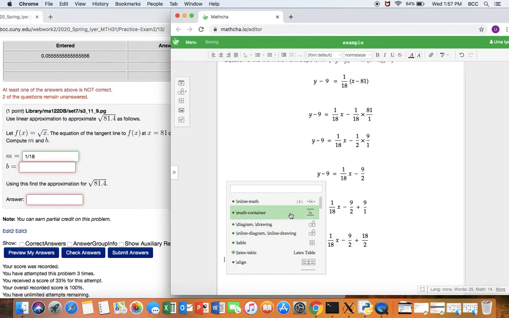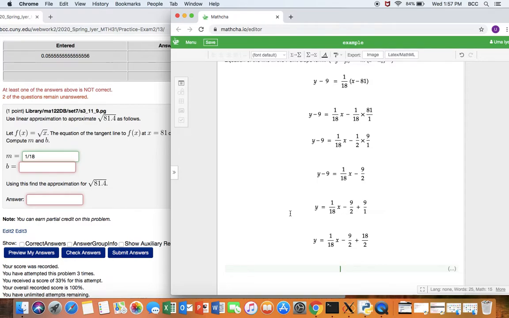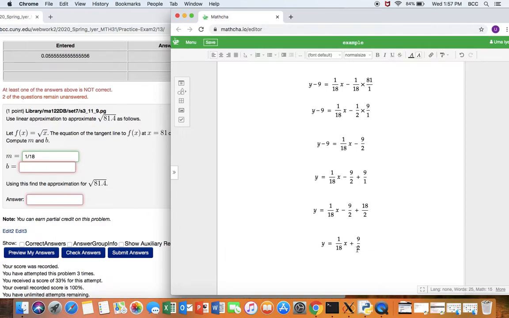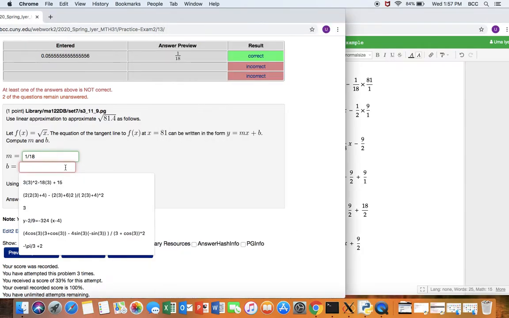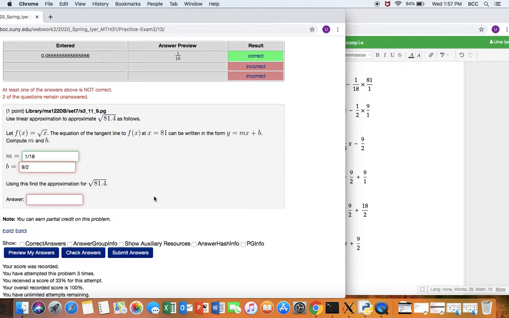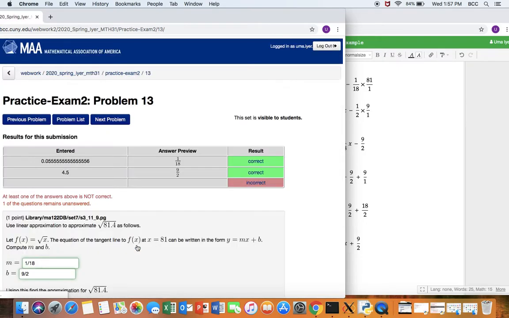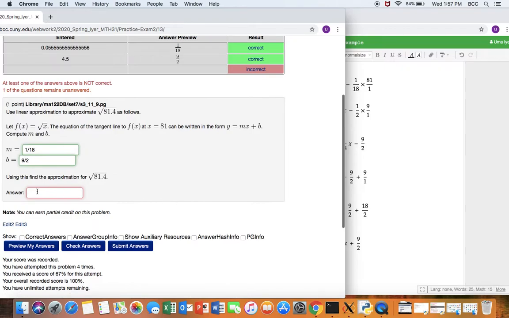That tells me, negative 9 plus 18 makes it positive 9 over 2. So that is my b, 9 over 2. Understand? Let me check. Aha, I'm almost done.